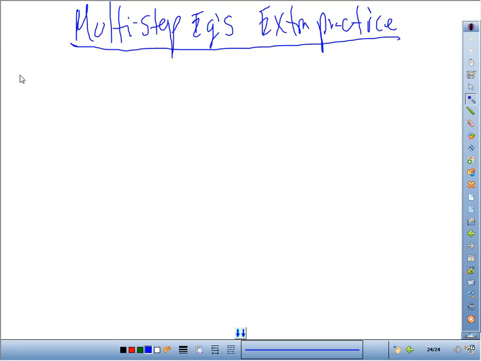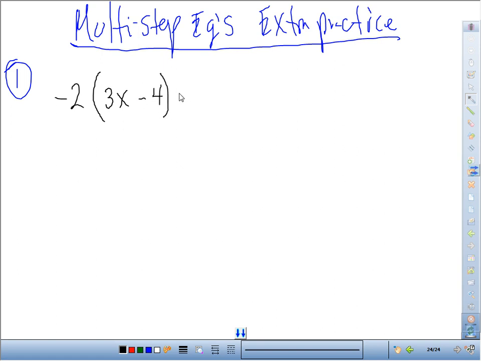Example number 1. Copy this down, please. We got negative 2, open parentheses, 3x minus 4, close parentheses, equals 4x plus 4.